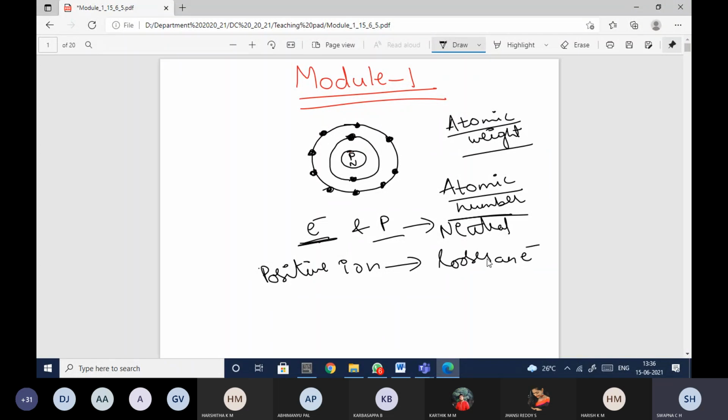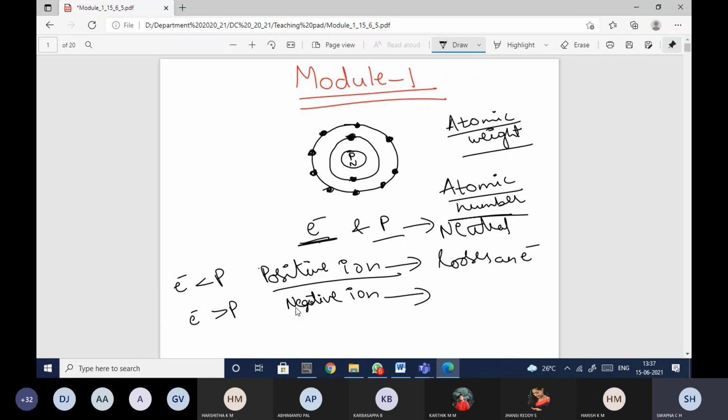When an atom loses an electron, it becomes positively charged, or is said to be a positive ion. In the sense, the number of electrons will be less than the number of protons. Protons are positively charged and electrons are negatively charged, so when the number of protons is more than the number of electrons, it is a positive ion. In the negative ion, the number of electrons will be greater than the number of protons.